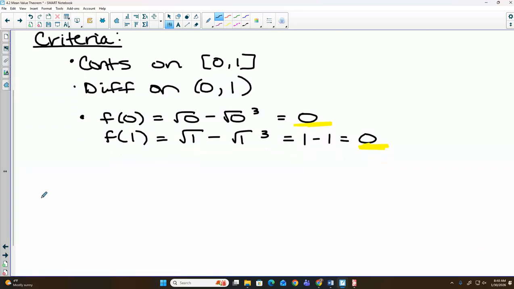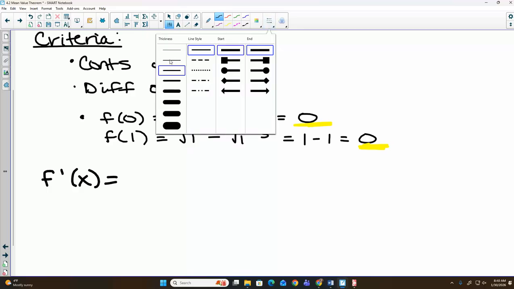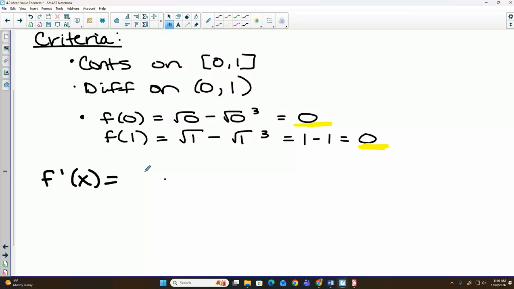All right. Then the actual theorem says if the criteria are met, then somewhere the derivative is equal to 0. So now we could find that place. If I do my derivative, x to the 1/2 will be 1/2 x to the negative 1/2, minus 3/2 x to the 1/2, which has to equal 0.